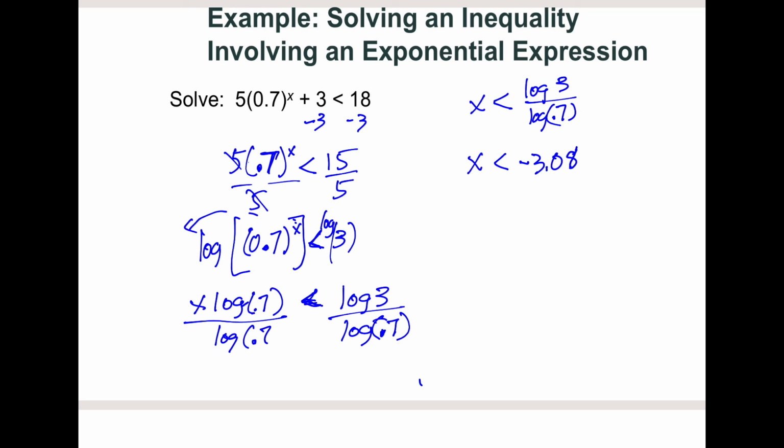And so all the x values that are less than that will be part of the set of solutions for this inequality. Any x values that are less than approximately negative 3.08. Putting that in interval notation, this would be negative infinity all the way up to negative 3.08, not including 3.08.